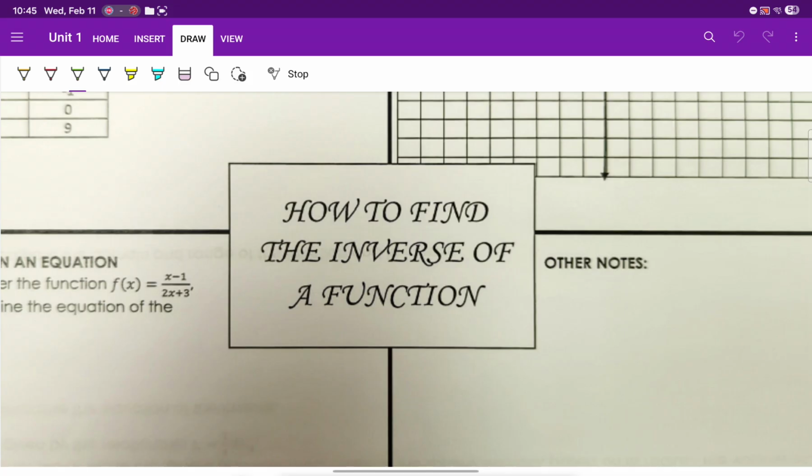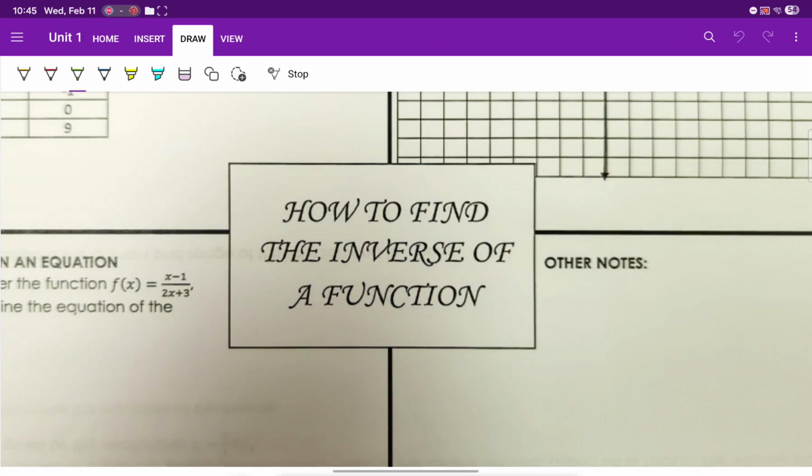I'll pull it up on my phone here quick. Inverse means opposite or contrary in position, direction, order, or effect. So basically it means the opposite or reverse of something.